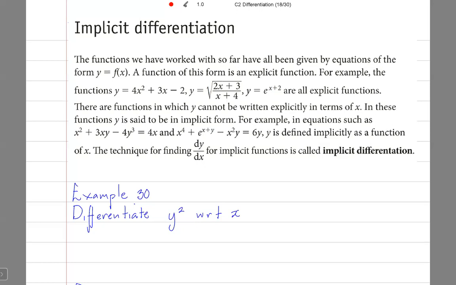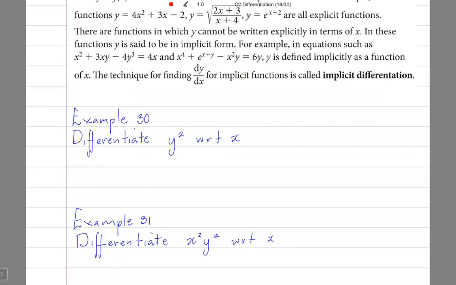Let's get into it. As usual, I will do the first one, then you do the second. Everyone should remember that when you differentiate y, you're going to get dy by dx. So let's have a look at example 30. Example 30 is asking us to differentiate y squared with respect to x.